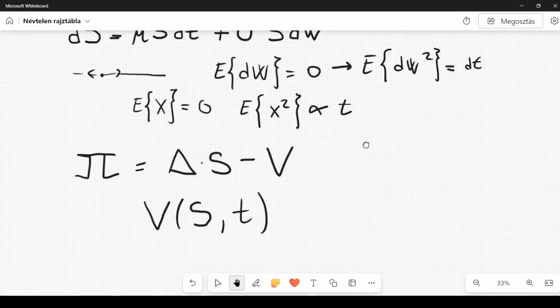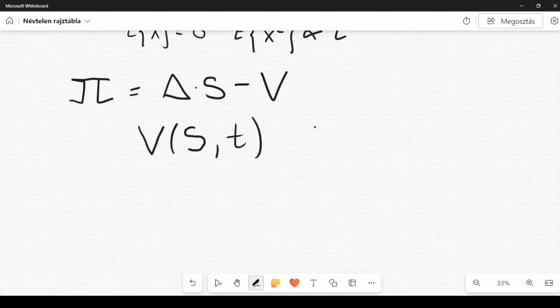So let's take this for granted, and we will see what this delta will have to be in such a way that we can minimize these losses.